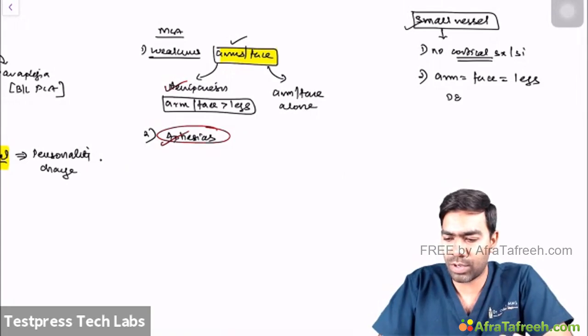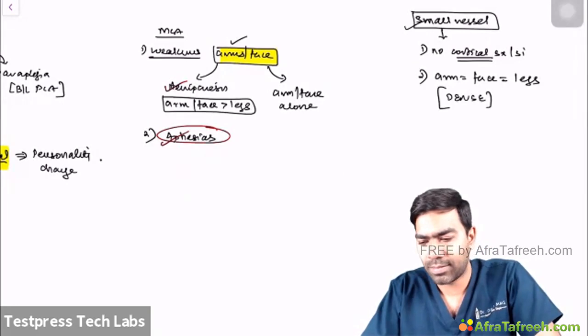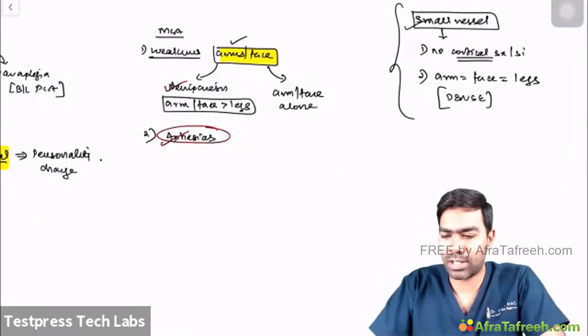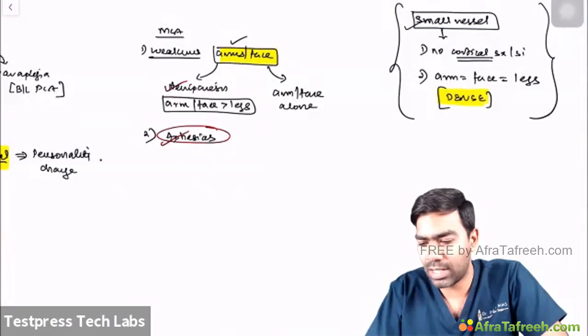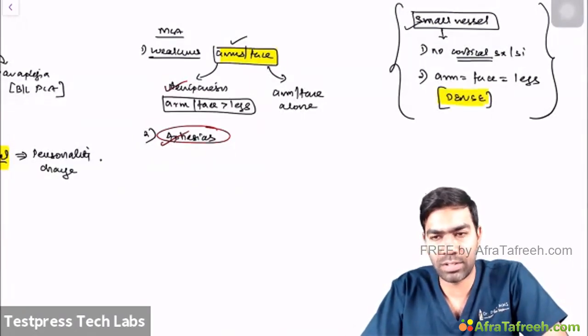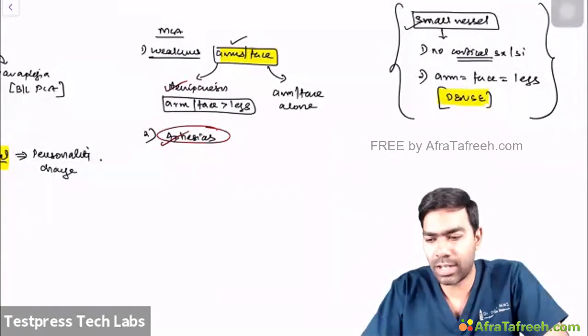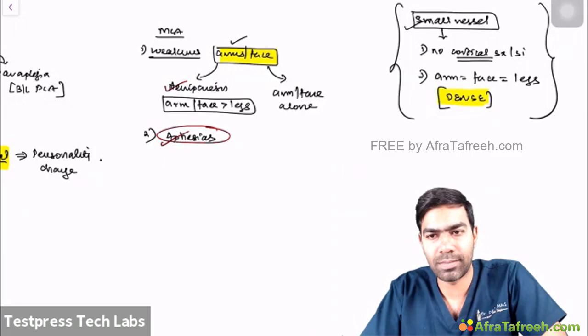And this is what we refer to as a dense hemiparesis. Do you understand? This is how you substantiate that the lesion is in the internal capsule. This is what we really mean by a dense hemiparesis, where there will be no difference to tell that it's a cortical stroke, or no difference to tell it is a large vessel stroke. Do you understand? Yes or no?